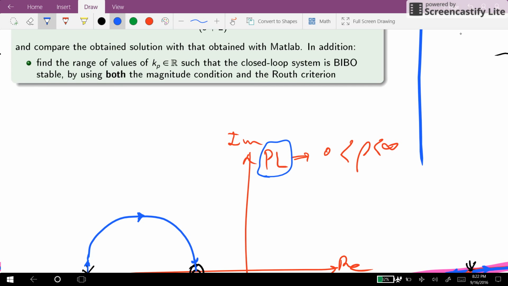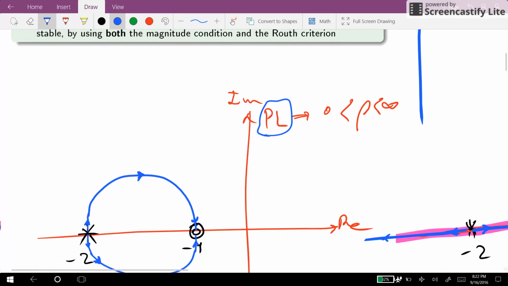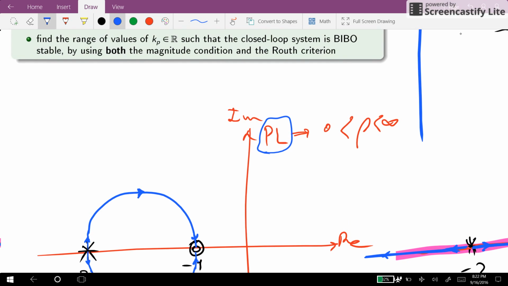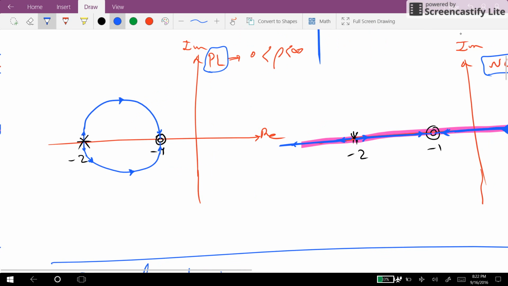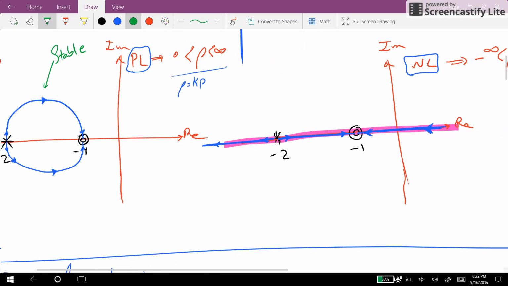We need to find the ranges of Kp in R such that the closed loop system is BIBO stable. For that, we will use both the RAS criteria and the magnitude condition. First of all, looking here, we can see that for positive values of rho, or Kp, because rho is equal to Kp, our system is always stable because we have no poles on the right-hand side.